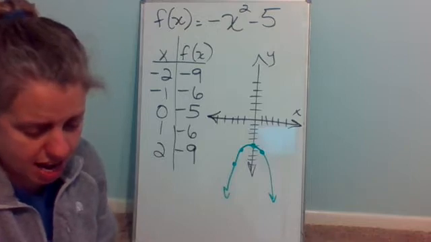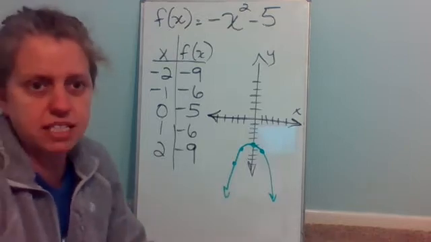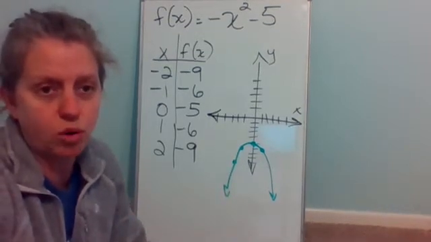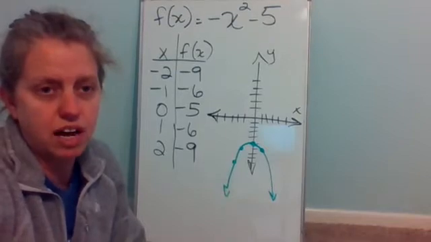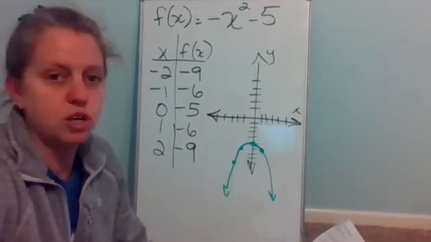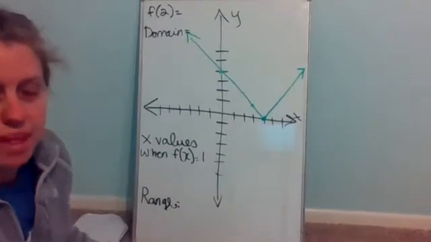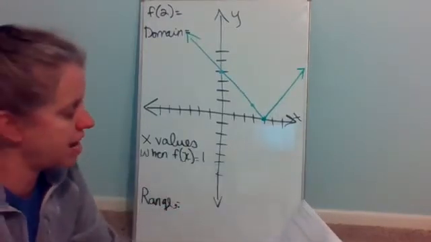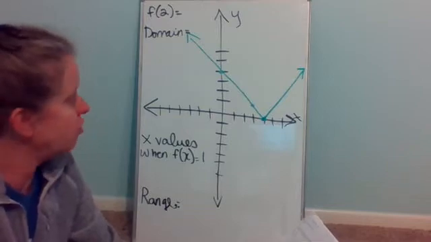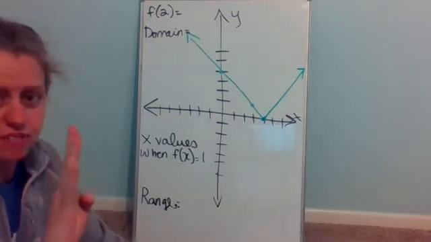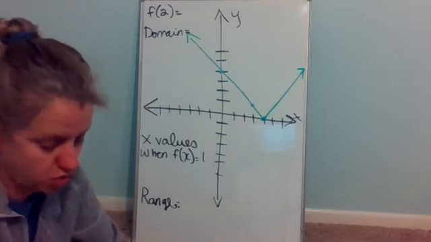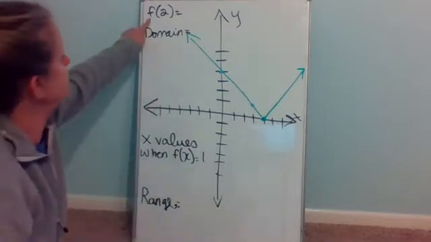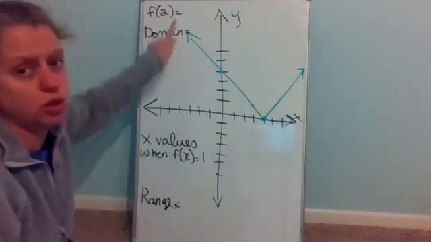Okay, number 9. Okay, I'm going to pause it for a second and draw the graph up here to work. Okay, so here is the problem for number 9. So we've got a graph here. And it wants us to find 4 things on this graph. The first thing it wants us to find is f of 2.